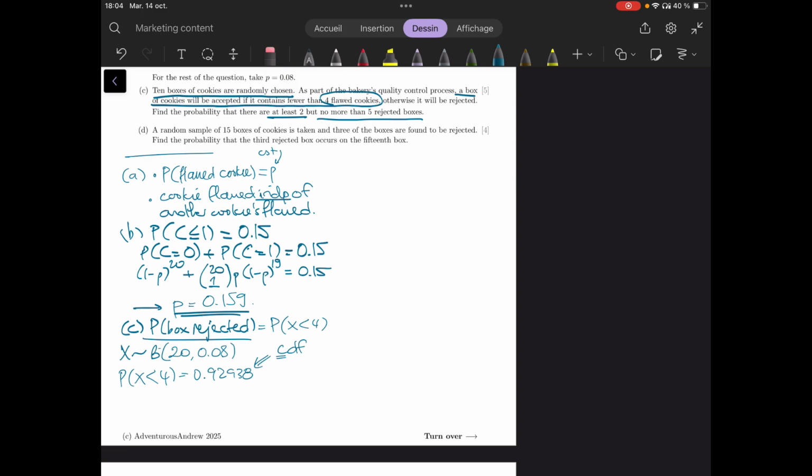Now, we want to find the number of boxes rejected. So this will be another binomial distribution. There's a total of 10 boxes, and the probability that the box is rejected is 1 minus this probability over here.